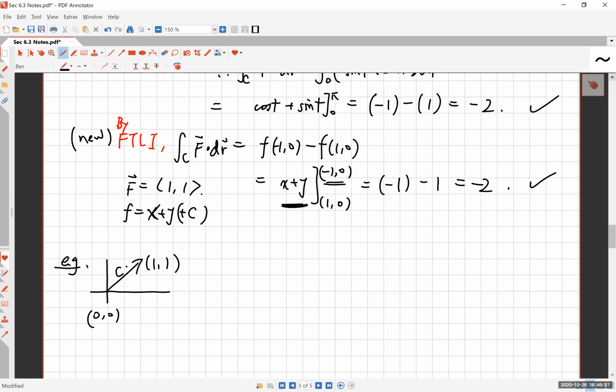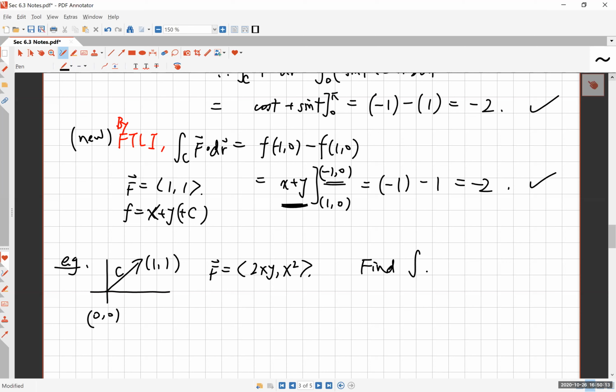All right, so the curve C is from (0, 0) to (1, 1). It's a line segment. The vector field is (2xy, x squared). If you want to, you can do this both ways, old and new.